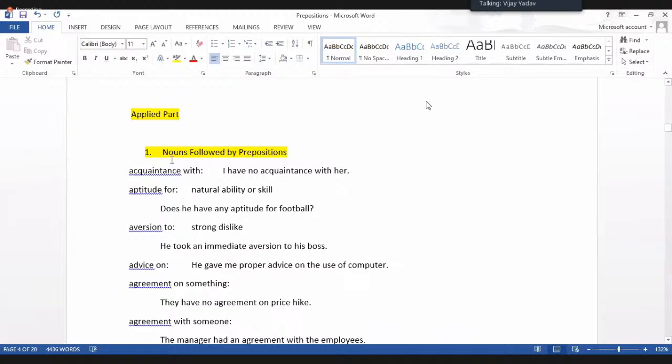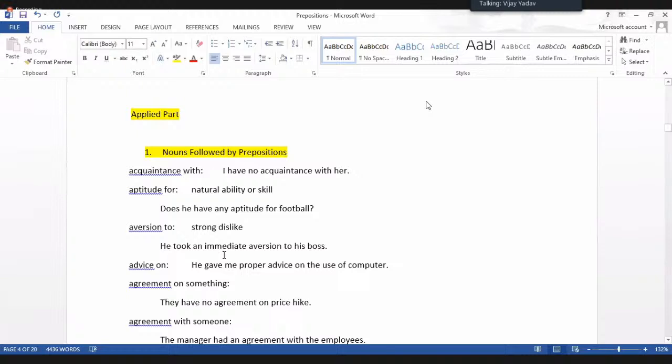It is very interesting to know all these nouns followed by prepositions, verbs followed by prepositions, adjectives followed by prepositions, then the sentence becomes very strong.